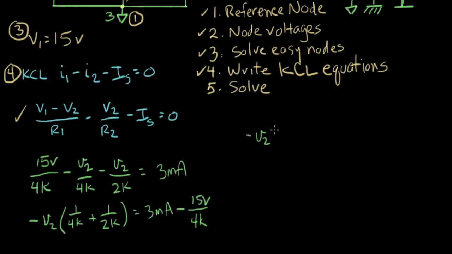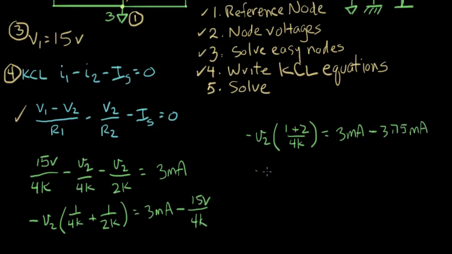Let's combine those two resistor terms. So it's going to be 1 plus 2 over 4K equals 3 milliamps, and 15 volts divided by 4K is 3.75 minus 3.75 milliamps.